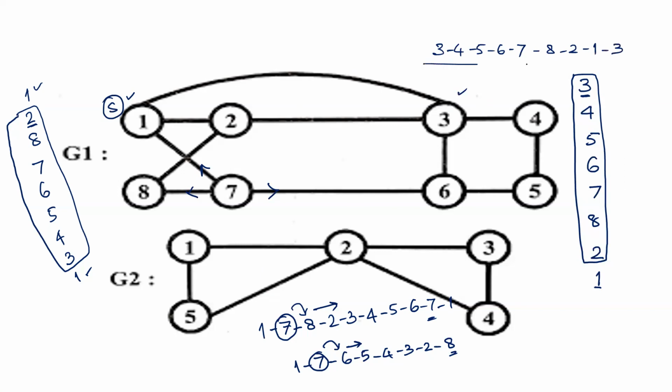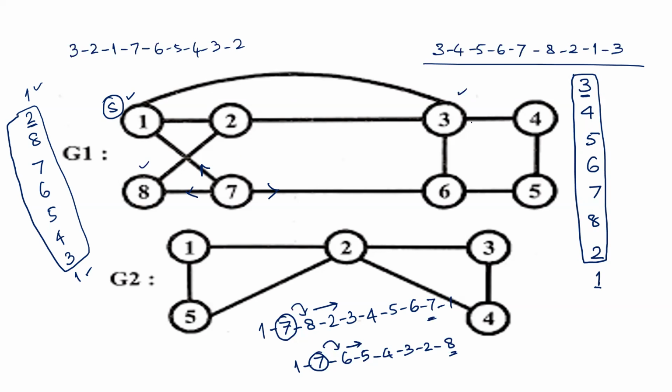So this is one possible option. If you try from vertex 3 to vertex 2, then we can write 3 to 2, 2 to 1, 1 to 7, 7 to 6, 5, 4, 3, and 2. So in this case, we are not able to visit vertex 8.